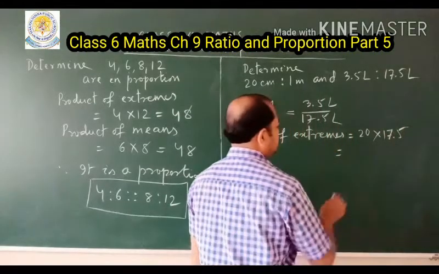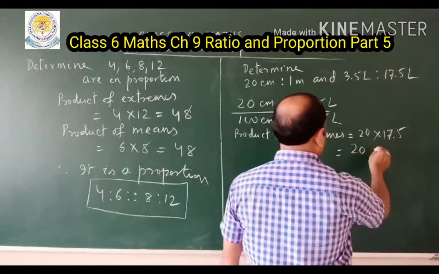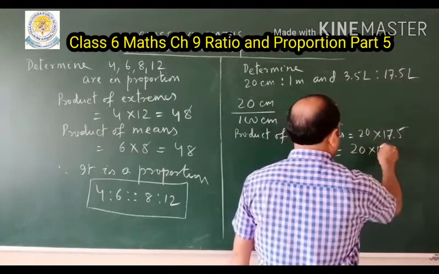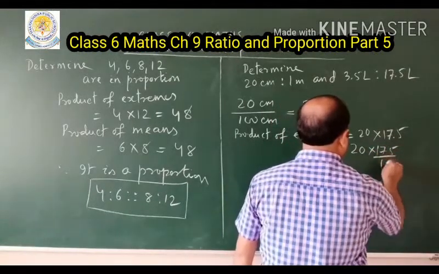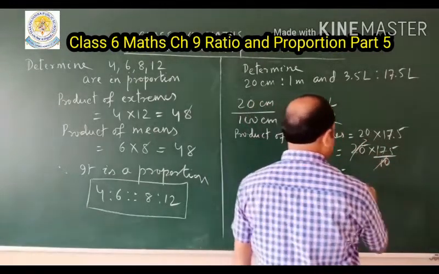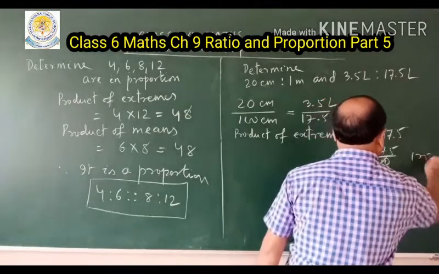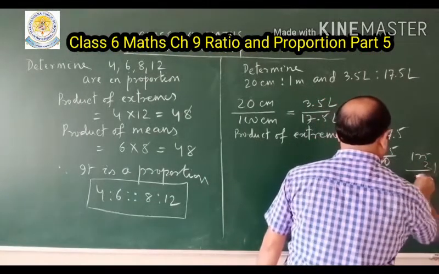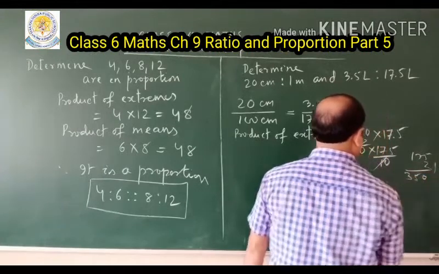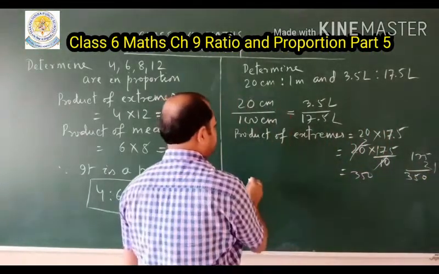How much is that? 20 into 17.5, that is 175 by 10, so 2 into 175. How much is 175 into 2? 350.